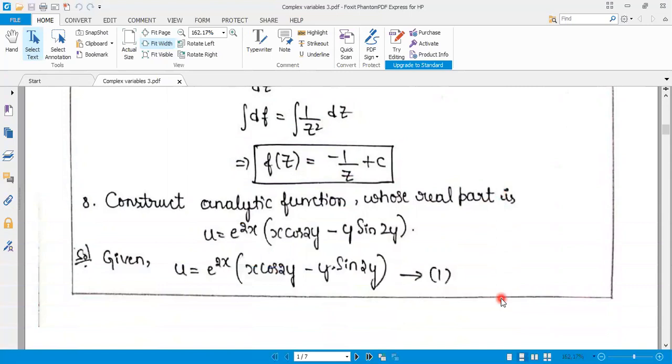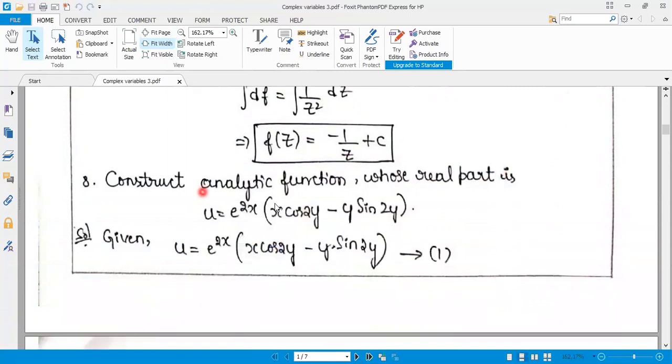Now let us proceed to the next problem. Construct the analytic function whose real part is e power 2x into x cos 2y minus y sin 2y. So we can take it as u.